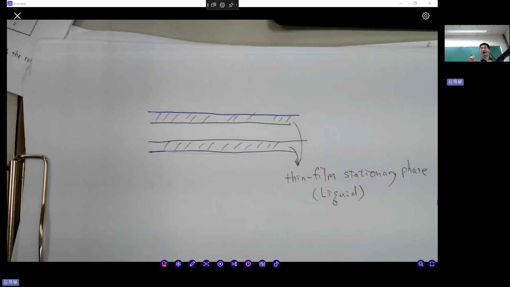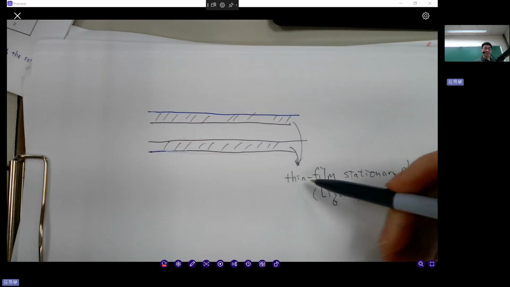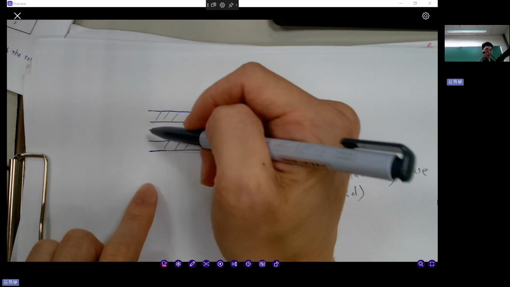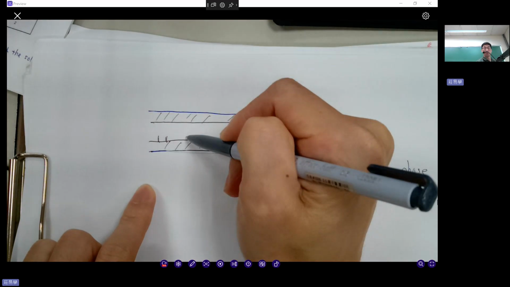So it's actually pretty sticky. Imagine something very thick and viscous. The surface of the thin film stationary phase is attached with a special functional group. I'll show you an example later, but on the surface, it has some functional groups.